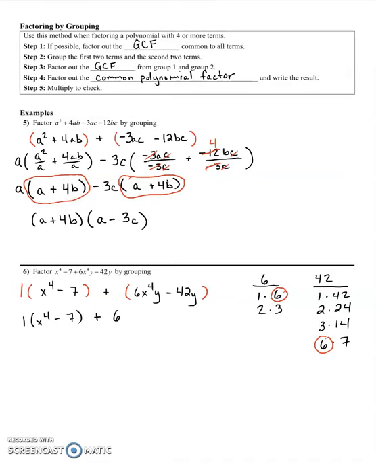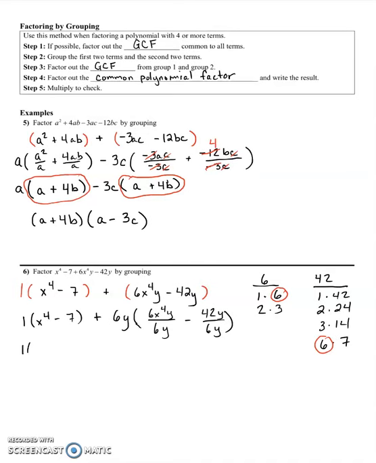Okay, the second term does not have any x's, and they each have a y. So our common factor is 6y. Sorry, we should probably do this by showing it. So inside that's 6x to the fourth y over 6y, minus 42y over 6y.